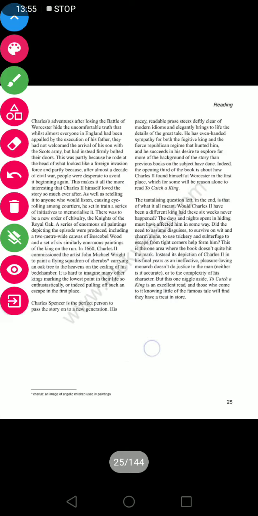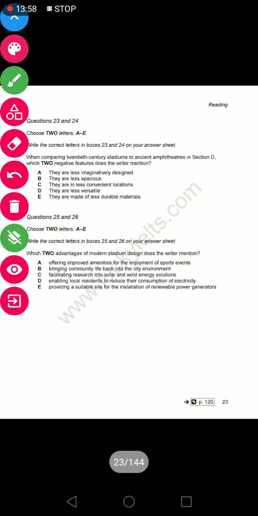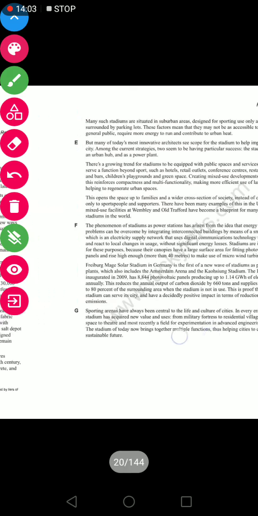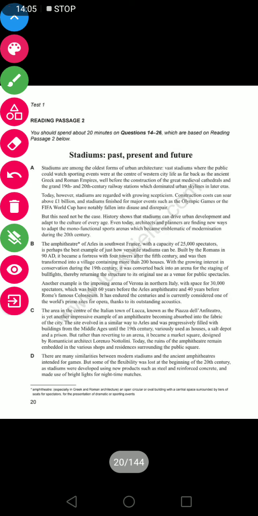So students who just want to achieve a band 6 in reading, I want to share some advice. If you only need a band 6 in IELTS reading, then you have to focus on only passages 1 and 2, and especially on the blanks, because blanks are one of the easiest types of questions in reading.